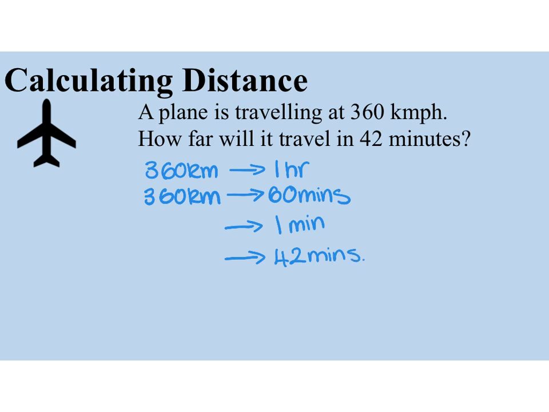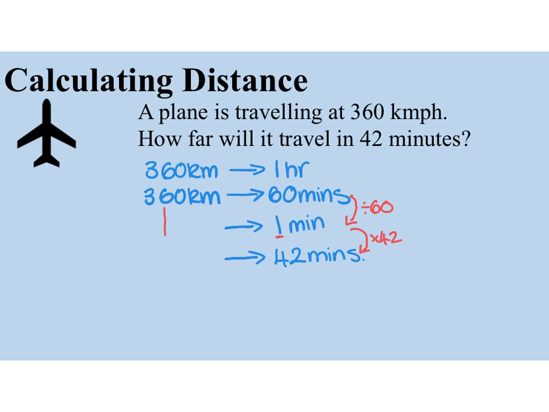So to get from 60 to 1, divide the number by itself to get 1, and then to make this 1 into 42, times it by 42.